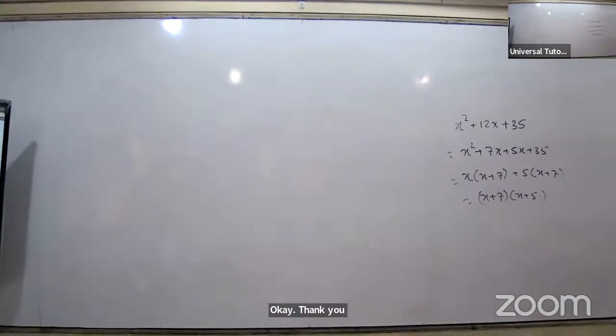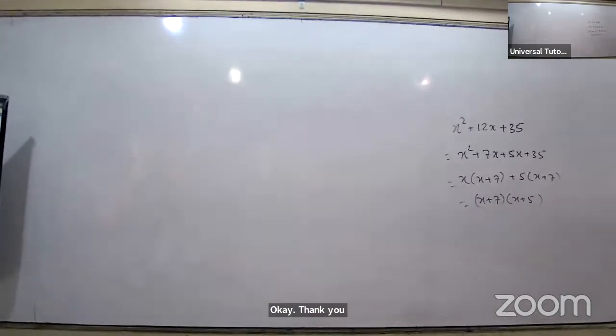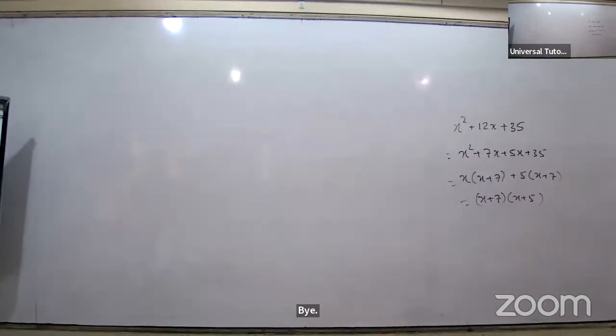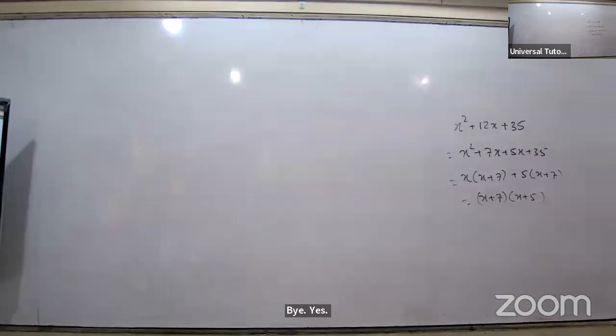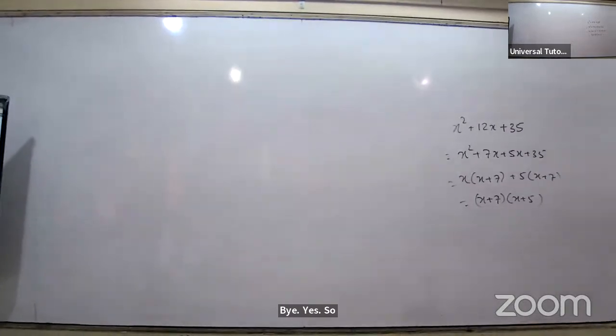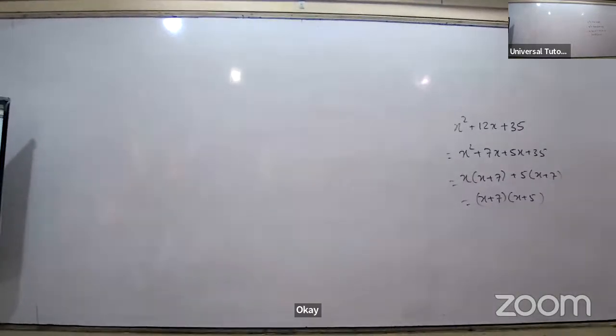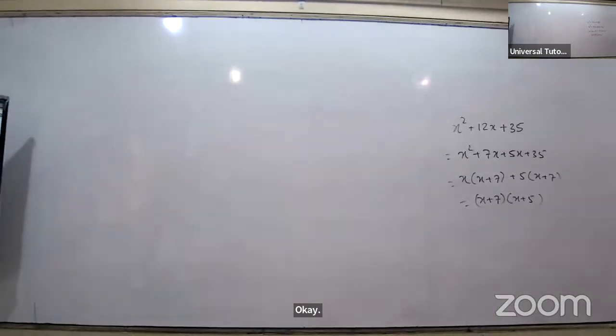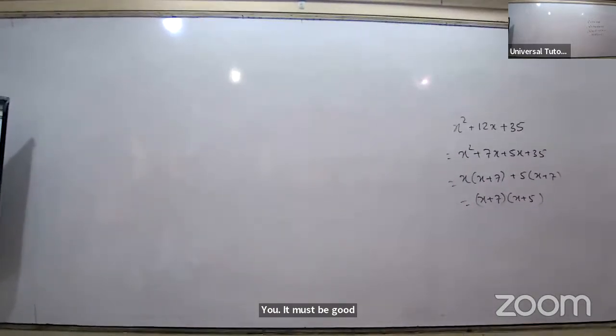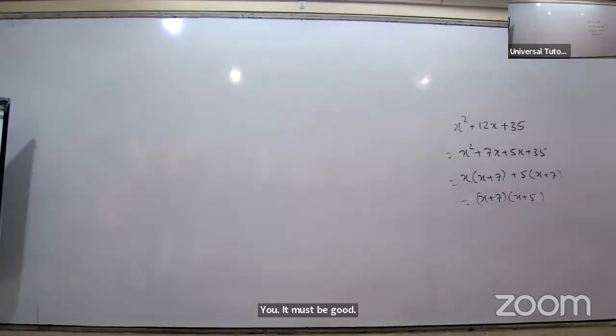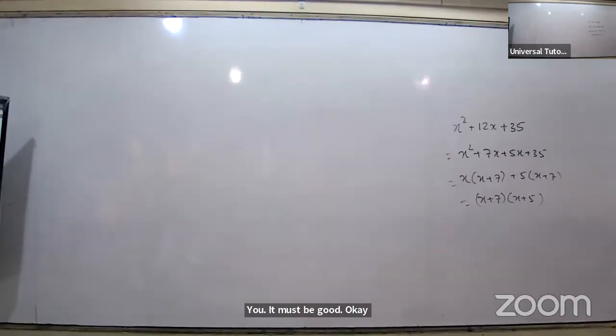A plus B, A minus B... You learn A cube plus B cube: A plus B bracket A square minus AB plus B square. There are two forms, na? Learn that also.